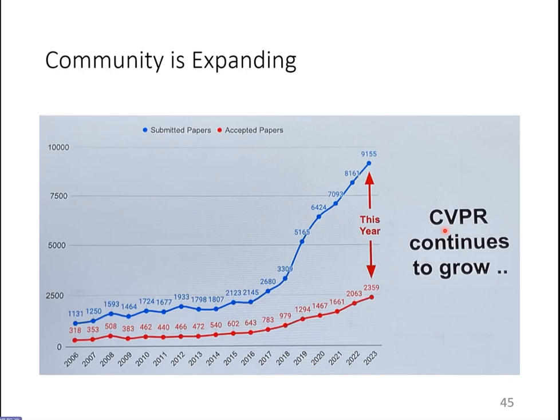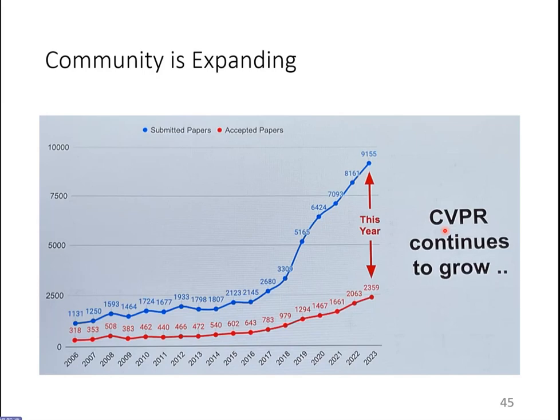Let's look at the trend from 2006 to 2023. See here, CVPR, is a conference held annually in America. Only once was it held outside of America; in all other years it was in America.